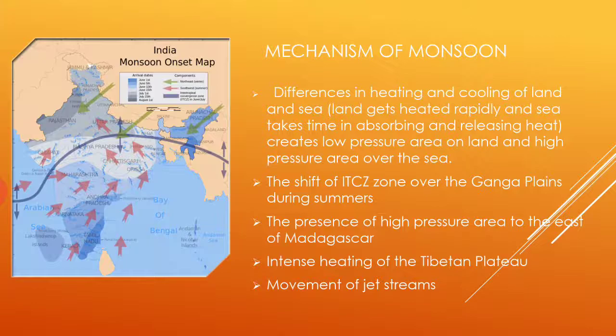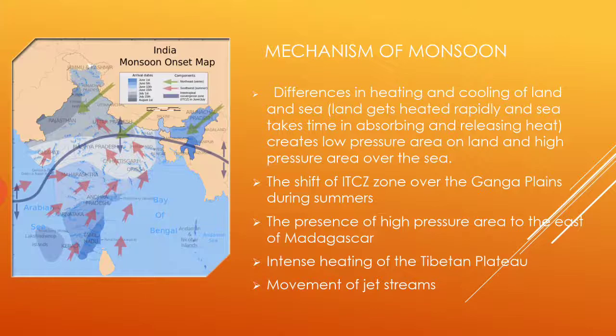The differential heating and cooling of land and water creates low pressure on the landmass of India, while the sea around experiences comparatively high pressure.